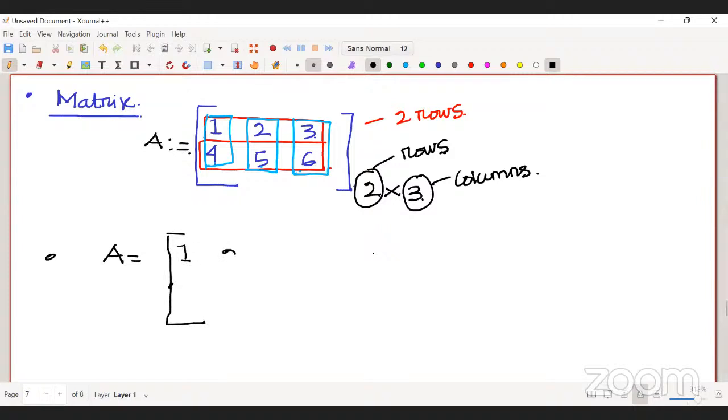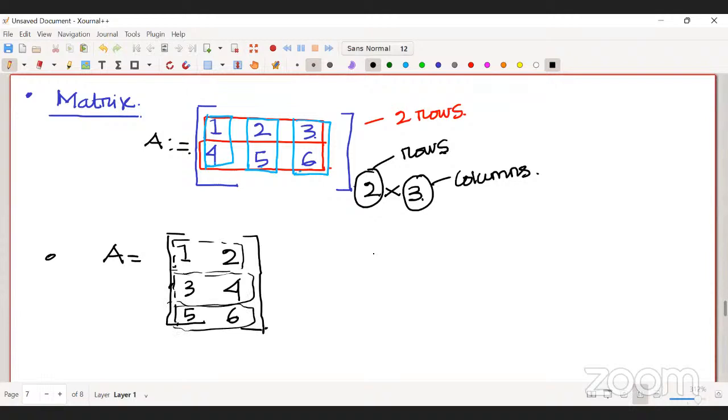1 2, 3 4, 5 6. What is the order of this matrix? 3 into 2, because as you can see, you have 3 rows. This is my first row, this is my second row, and this one is my third row.